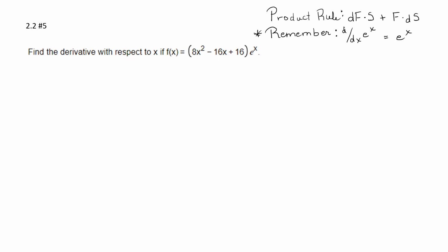So we're going to be using the product rule, the derivative of the first times the second term, plus the first term times the derivative of the second term. The big thing that is important in this problem is to remember that the derivative of e to the x is actually e to the x.